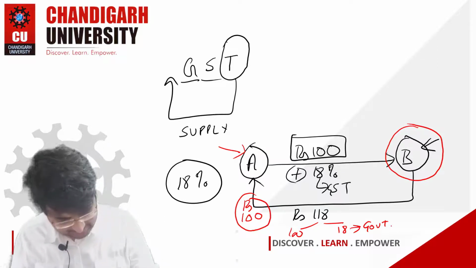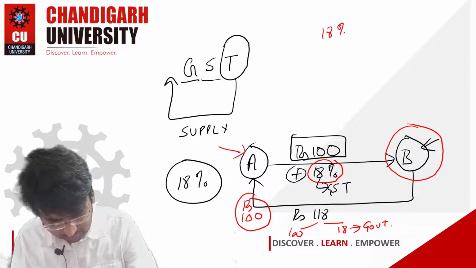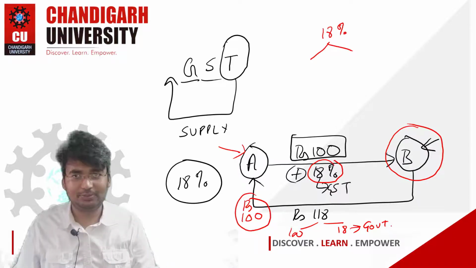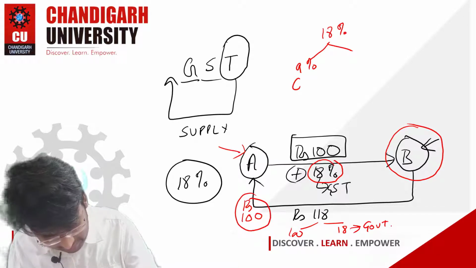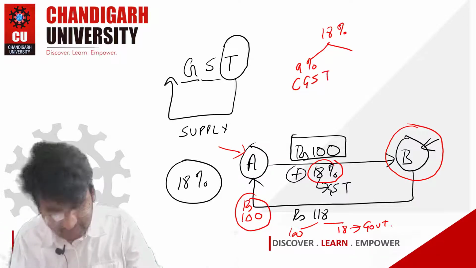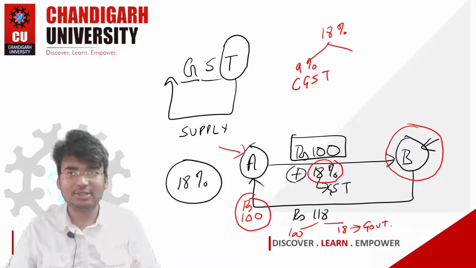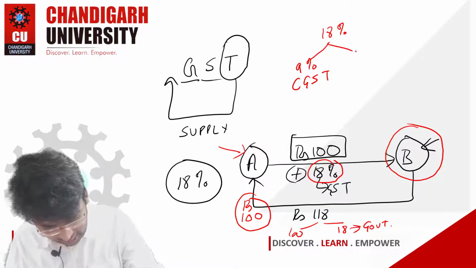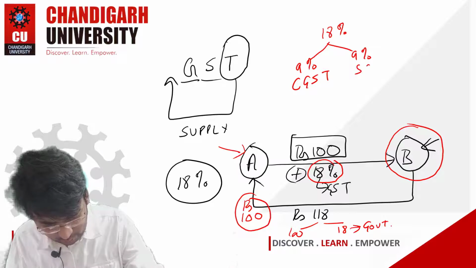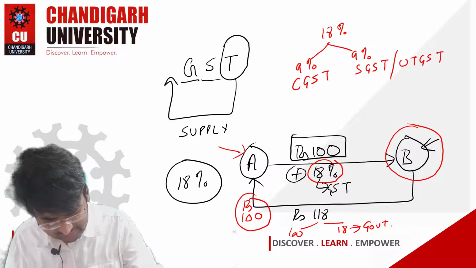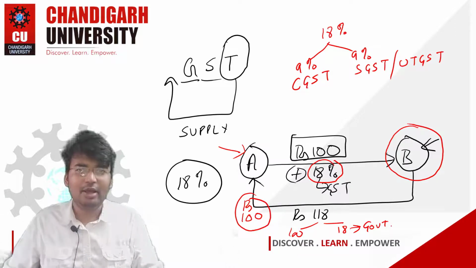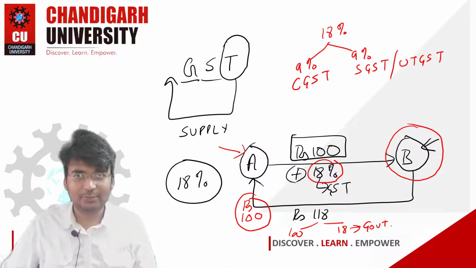Further, this amount of 18% is bifurcated in two heads. Half of this amount is kept by the central government in the name of CGST, Central Goods and Service Tax, and half of this amount is kept by the state government in the name of SGST or UTGST, that is State Goods and Service Tax and Union Territory Goods and Service Tax.